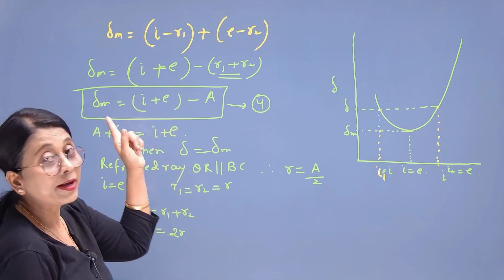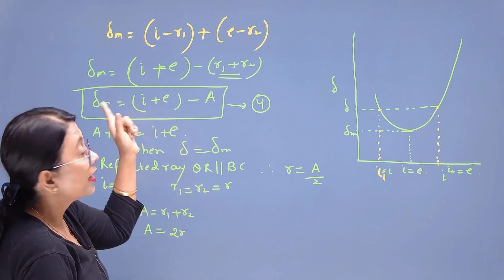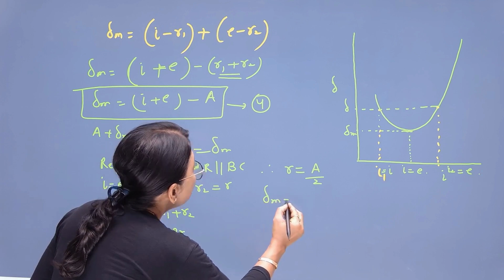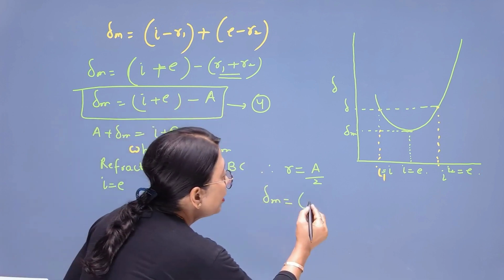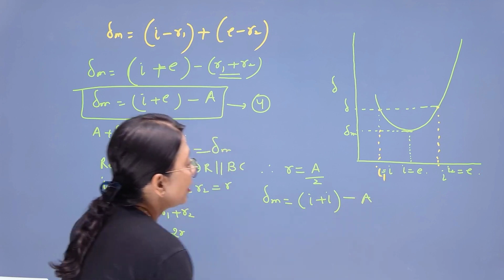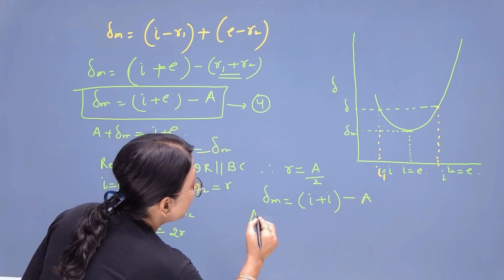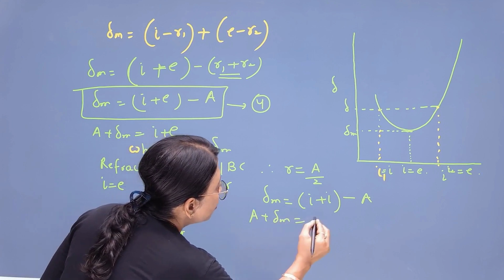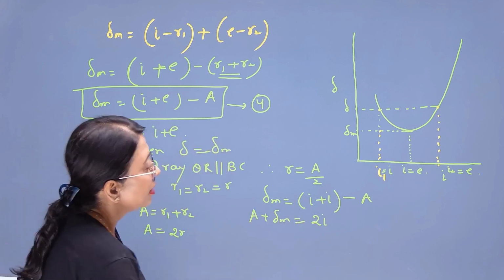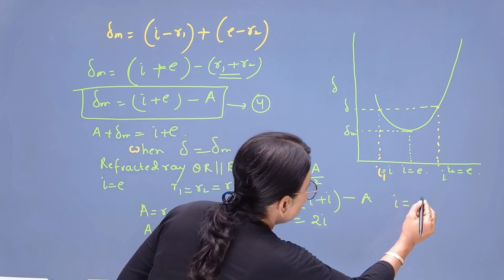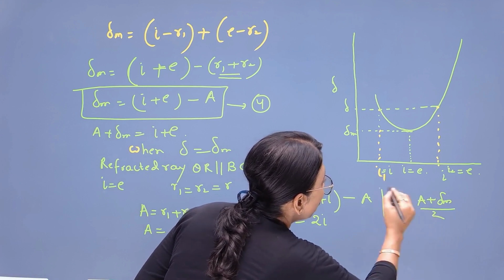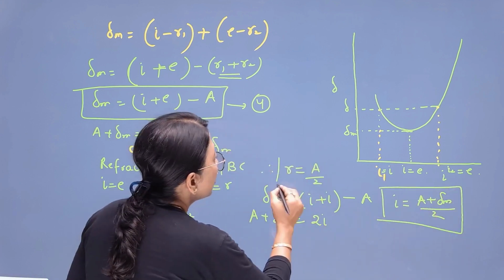Instead of E, we can write it as I. So now you just see from 4, del M is equal to I plus I minus A. Correct? So we can write it as A plus del M is equal to 2I. तो I क्या आ जाएगा? This I will come out as A plus del M by 2. This we have got. So we got I, we got R.